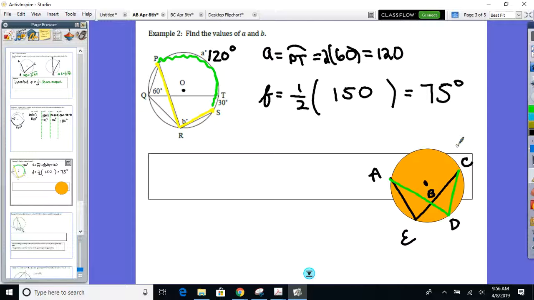All three pairs are, yes, but which pairs are congruent? That's what I want to know.